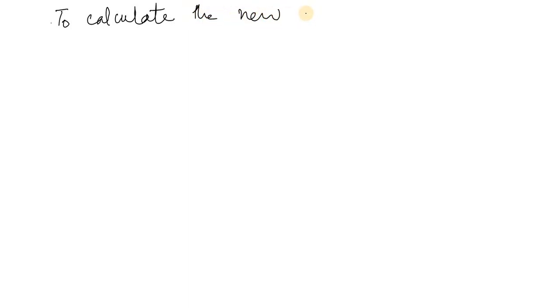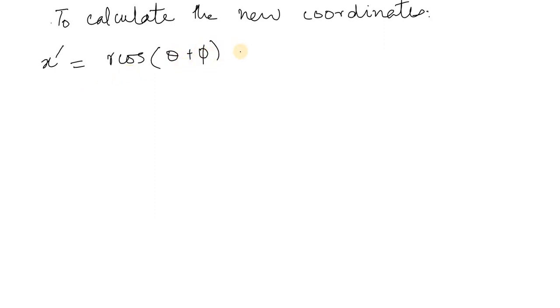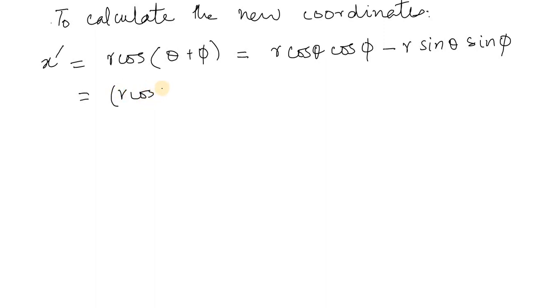So x bar can be calculated by r cosine of theta plus phi, which is equivalent to r cosine theta cosine phi minus r sine theta sine phi.